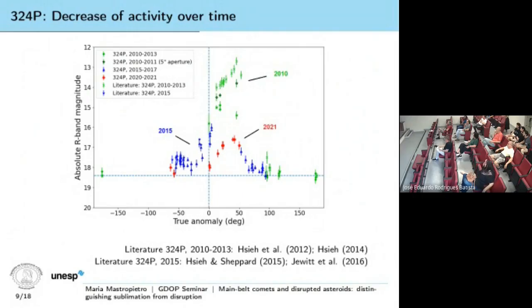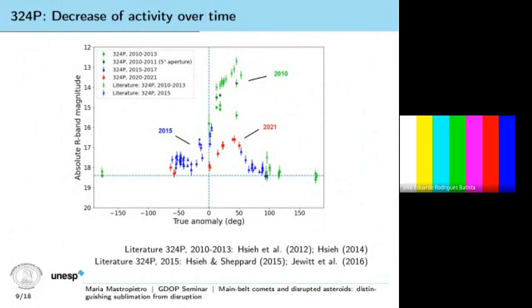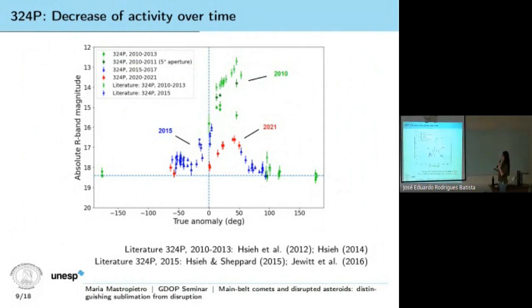So it's likely we can lose a lot of these, because if you're not looking at the correct time, it may just be too faint to observe, right? Yes, probably from 2010 it lost a lot of material, and then maybe there was mantling or reaccumulation of dust, but it is quite normal to see a decrease of activity over time. Thank you.